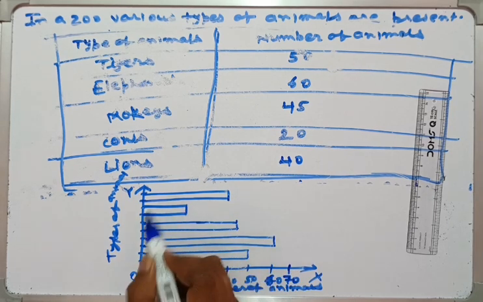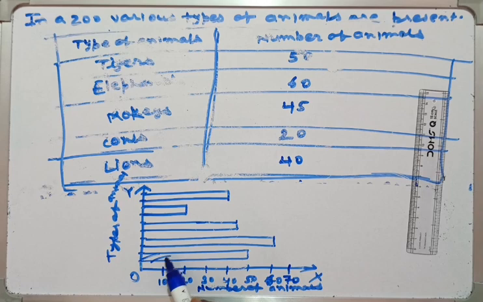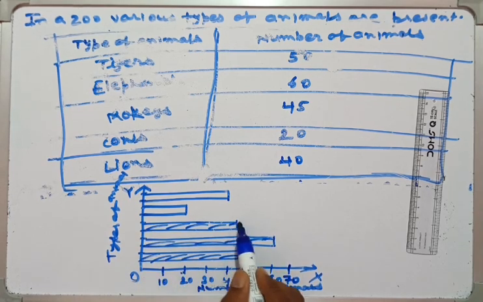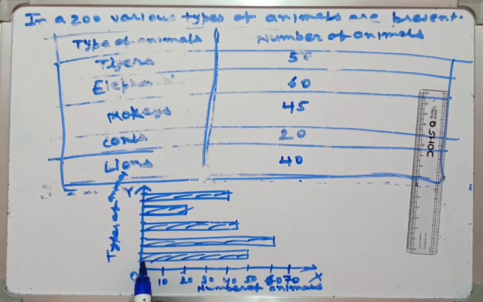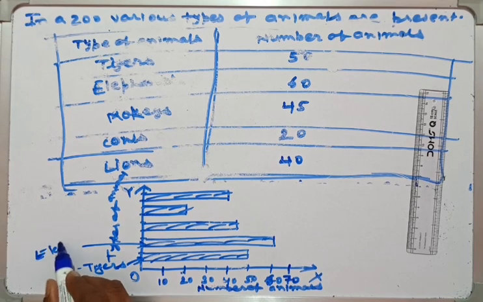Now see, all bars are completed. Set it like this. So this bar represents tigers. This one represents elephants.